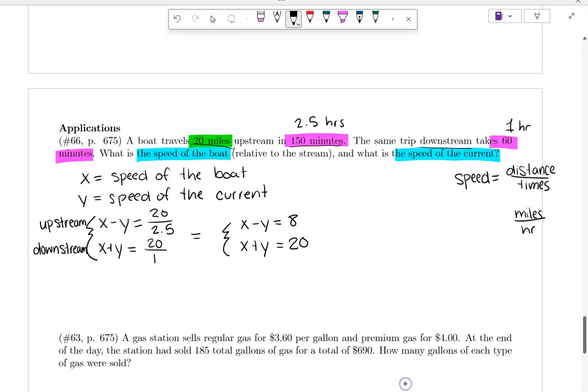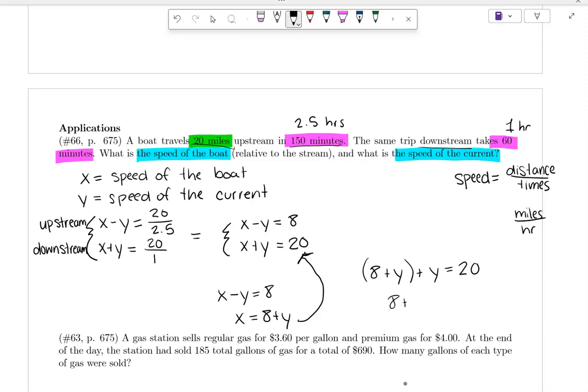So if we're solving for x in the top equation, we get x equals 8 plus y. And then we're going to plug that in here, in the bottom equation. So then we get 8 plus y plus y equals 20, and then 8 plus 2y equals 20.